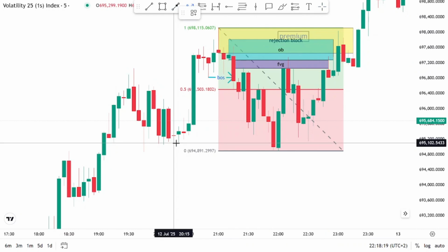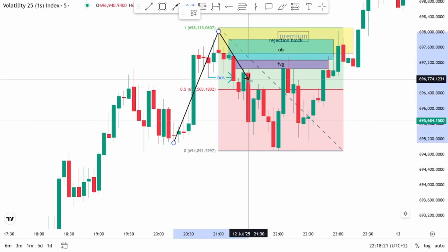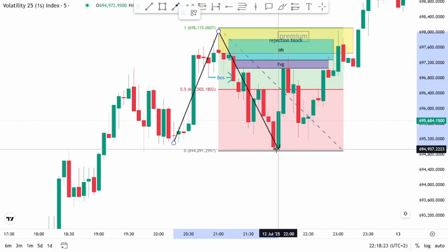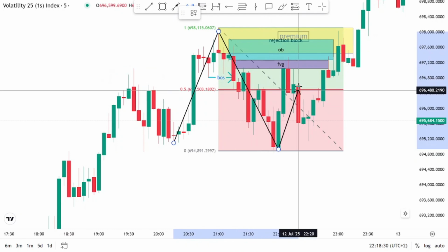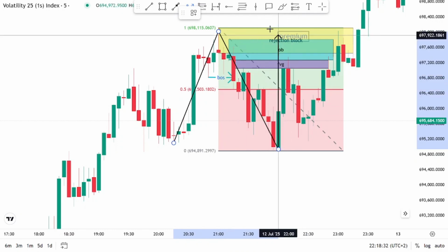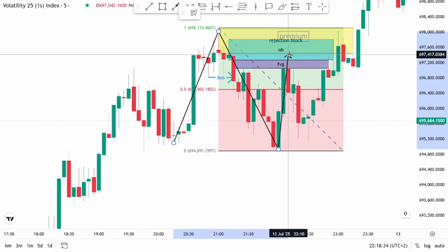So price came here and then price broke structure, went down here, and then it went to our external range to come and mitigate one of our 7 institutional reference points.